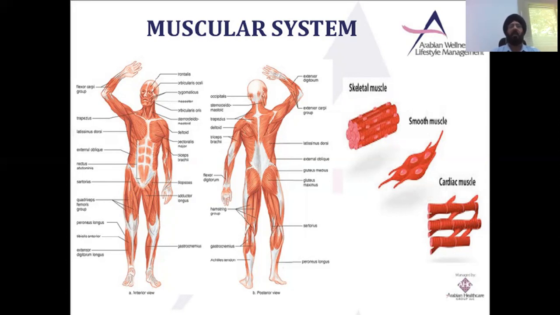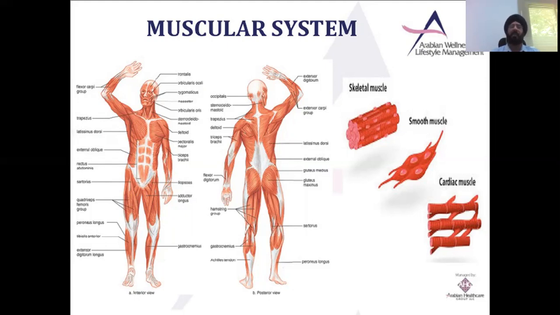First, the voluntary. Voluntary muscles are made up of striated muscles, which work as contraction under our control, means the control of the central nervous system. These are responsible for various movements.